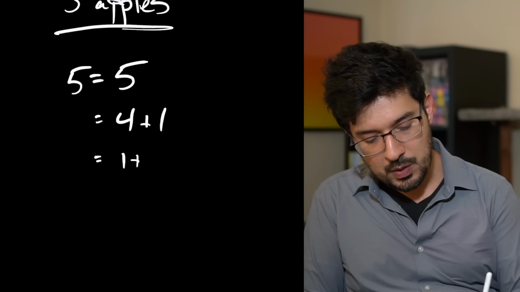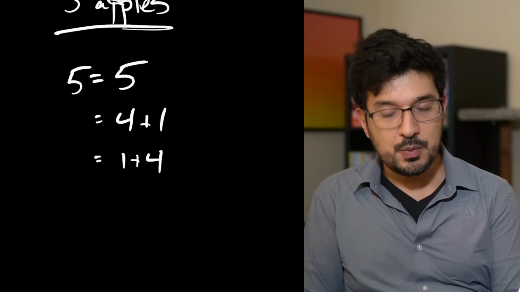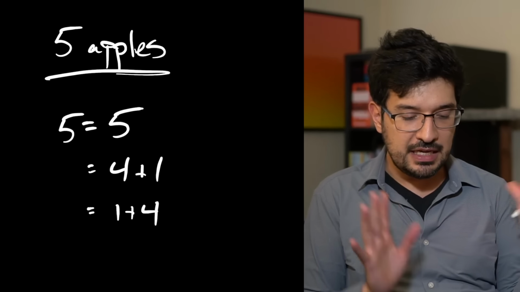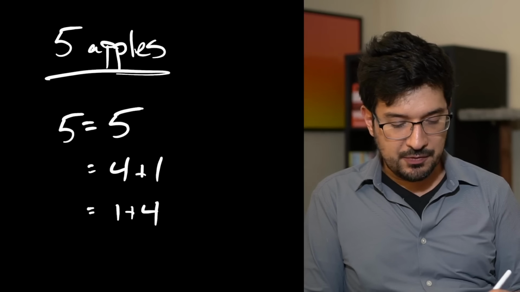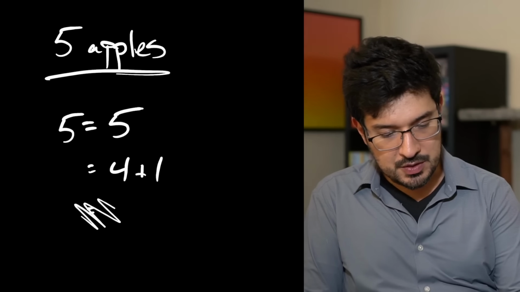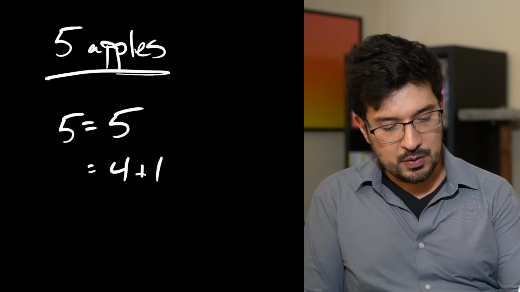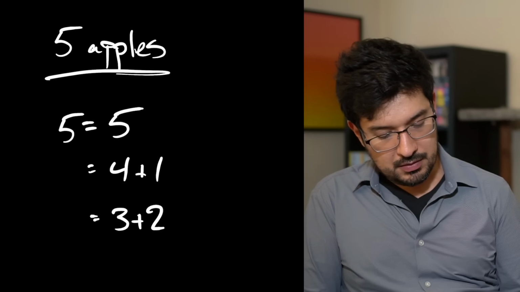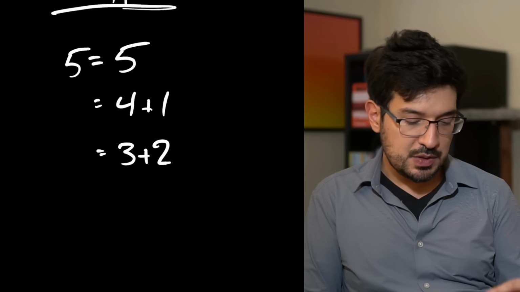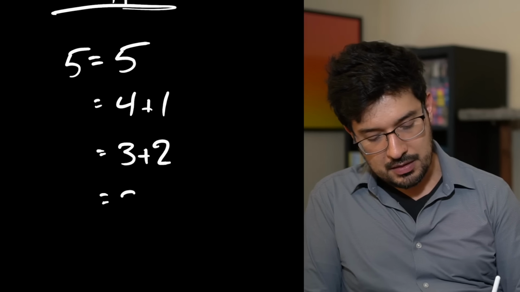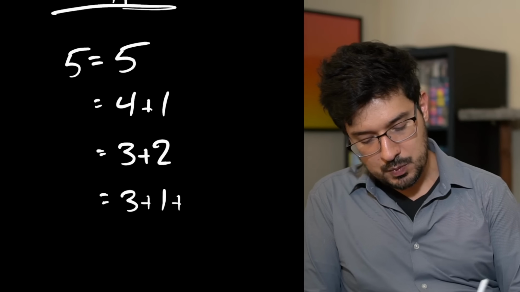We could say that it's 1 plus 4, but remember that we're calling commutativity, we're just going to consider 4 plus 1 is the same as 1 plus 4. Let's just treat those two as essentially the same. But it's also the same as 3 plus 2 and 2 plus 3. 3 plus 1 plus 1.